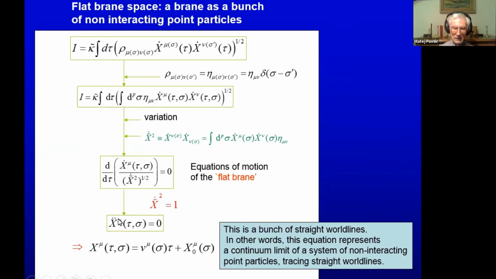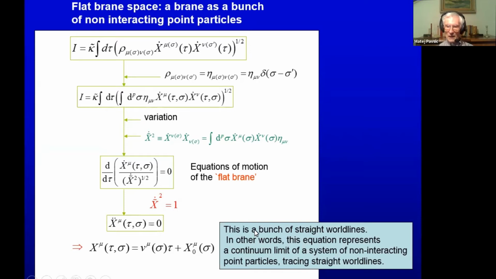And so we obtain just the second order equation for the variables x of tau and sigma, with a solution which is given here, where v of sigma is the initial velocity, which can be arbitrary, and x of sigma is the initial position.